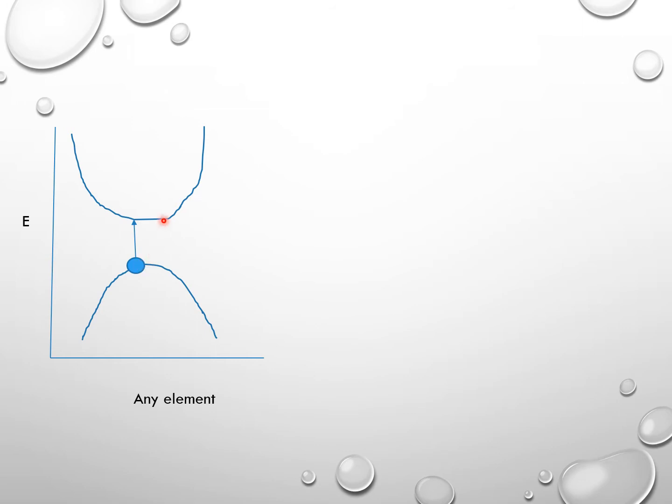If the energy gap, this gap, is more, that means the resistance is more, and if this gap is less, that means the resistance is less. This energy gap is also termed as forbidden energy gap or band gap, E suffix G. Its unit is electron volts.